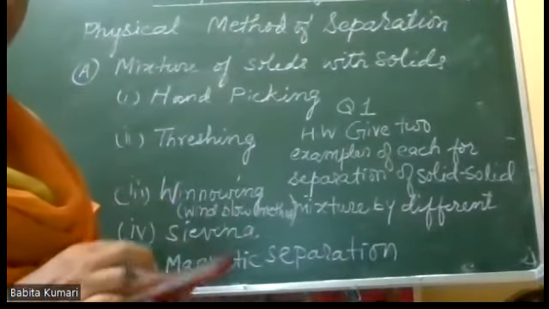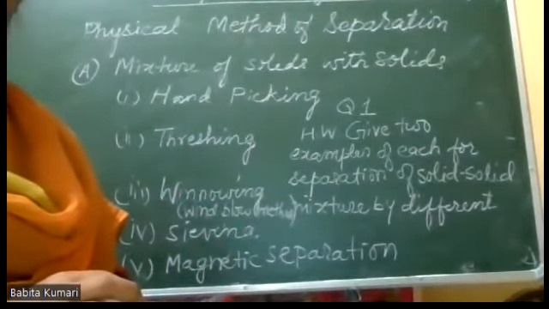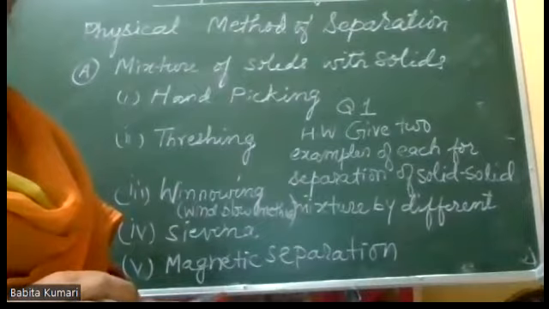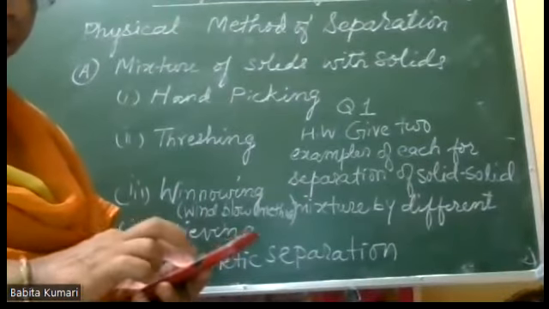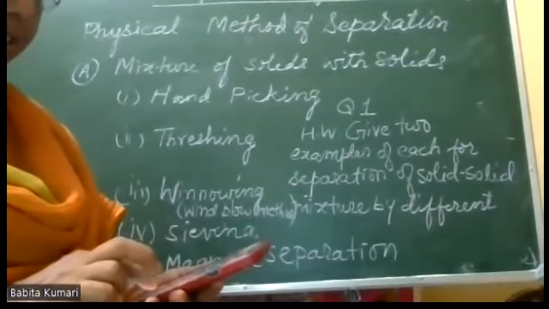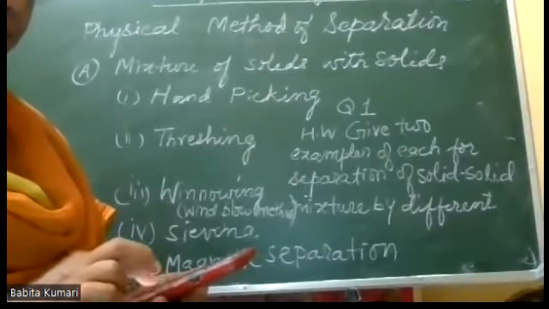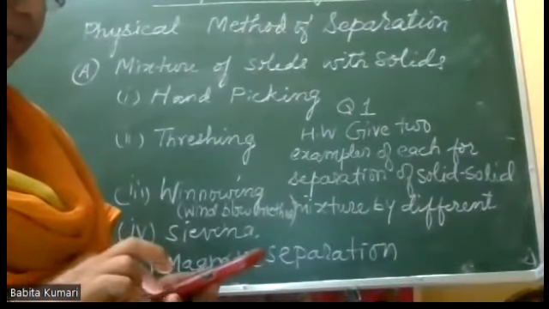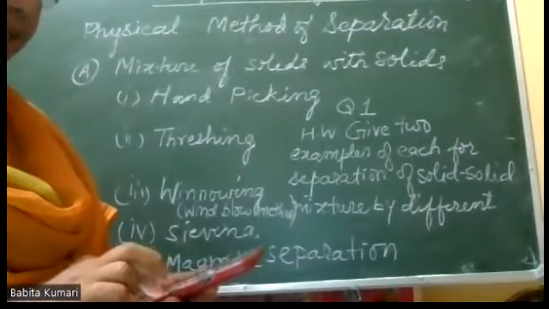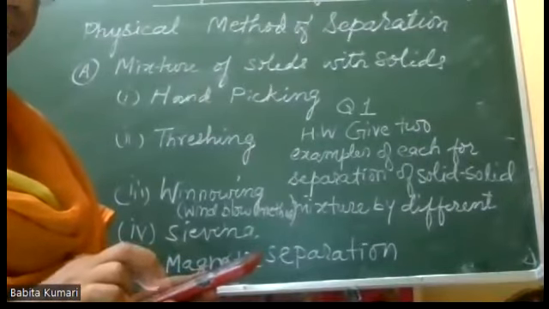So which type of particles can you separate by using magnets? Iron, isn't it? Which are magnetic. Iron, cobalt, nickel. The magnetic separation method is used when one of the components of a mixture is magnetic, that is, it gets attracted towards a magnet.